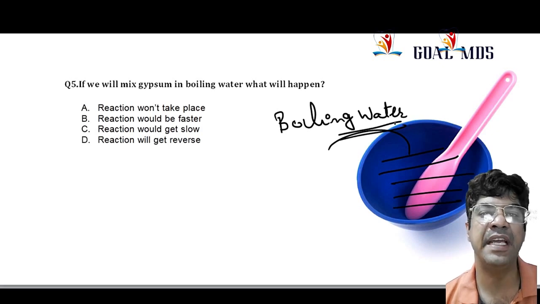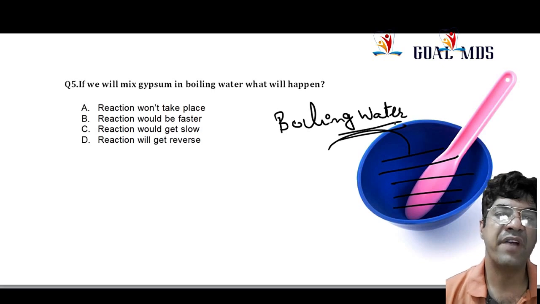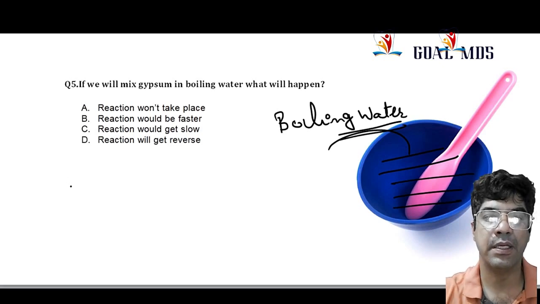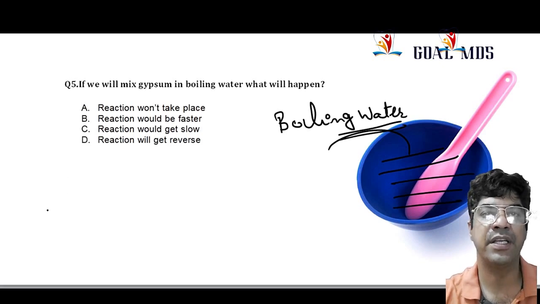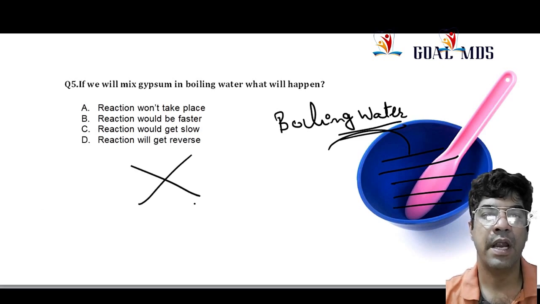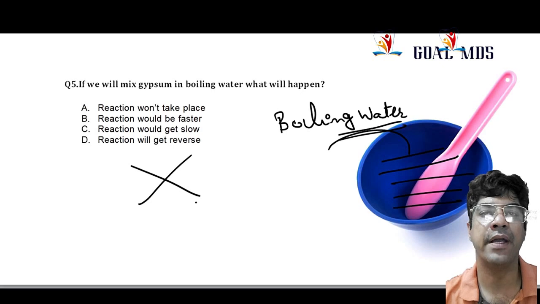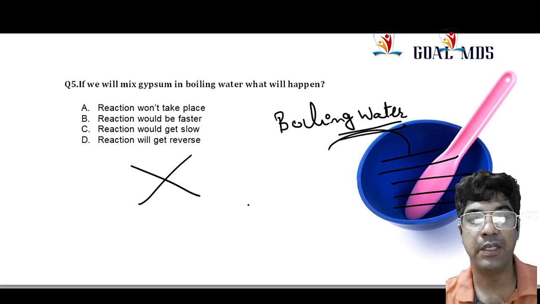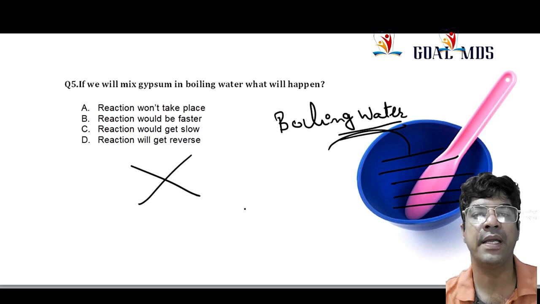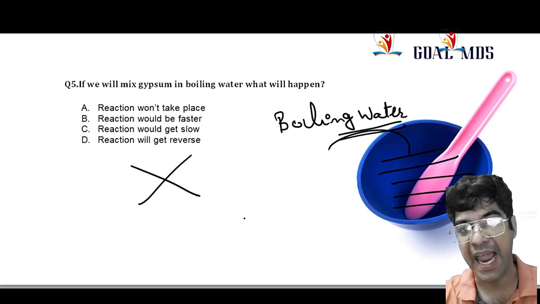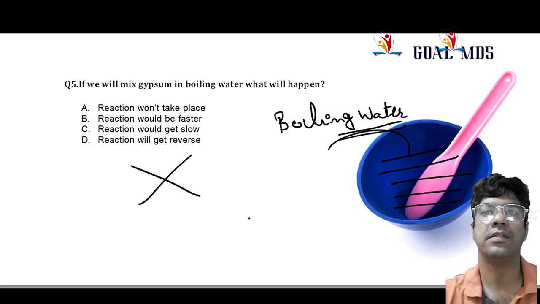Instead, excess heat denatures the gypsum, preventing it from setting properly. So as a result, the reaction would not occur, and you won't get the desired hardened gypsum. So it is essential to use water at appropriate temperature for mixing the gypsum material to ensure proper setting and getting proper strength.